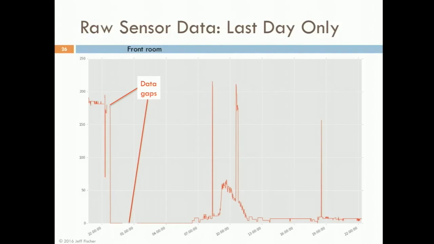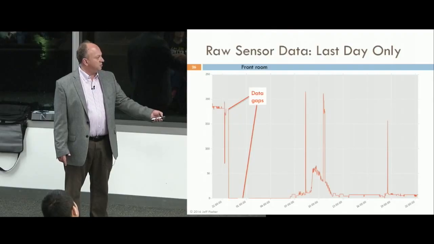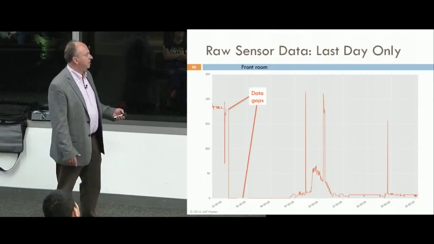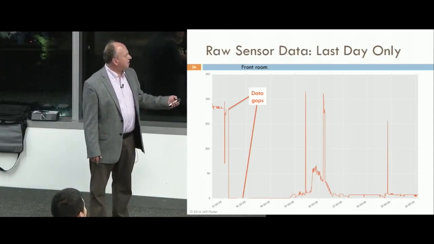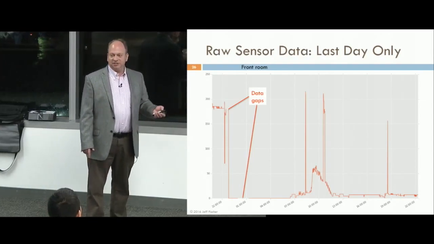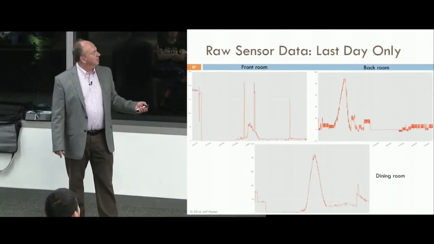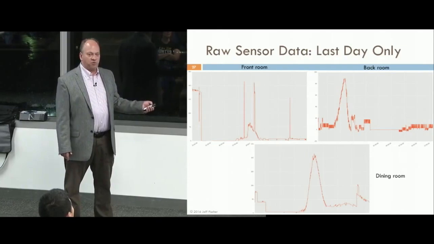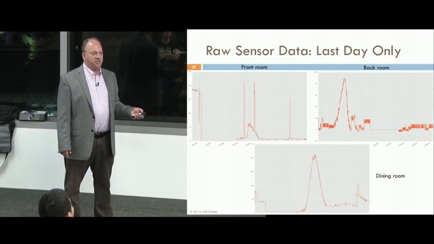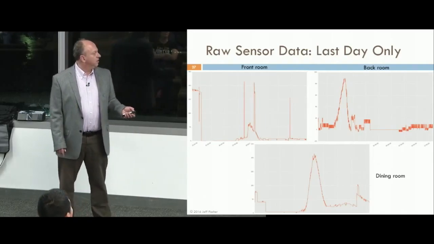And you can see it's kind of noisy. There are big jumps and lots of little bumps as well, right? So this is what real sensor data looks like. And there's a couple of gaps in the data. And you can see from all 3 rooms, they're similar, but they each have a little different pattern.